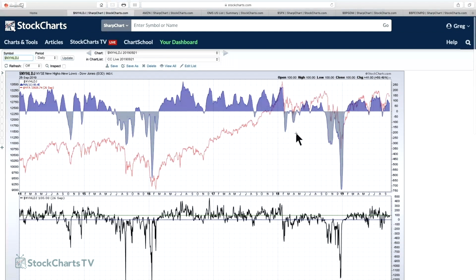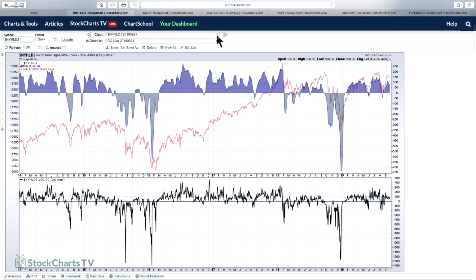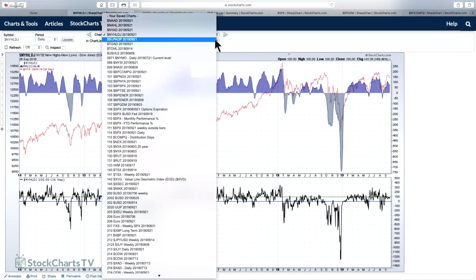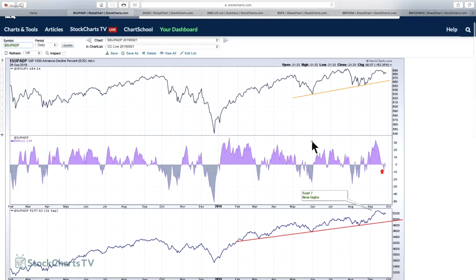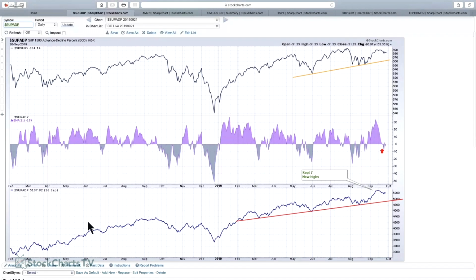Now, I just want to show the advanced decline percentage that Arthur Hill uses. Down here, what percentage of stocks out of the 500 in the S&P 500 are pushing up and pushing down, and then there's a cumulative line for that, so you add the percentages to it. This broke out to new highs back in early September, but now we've just been waning.